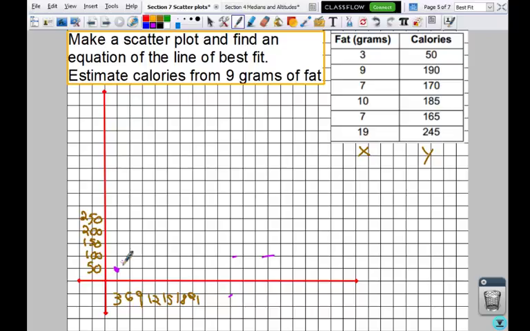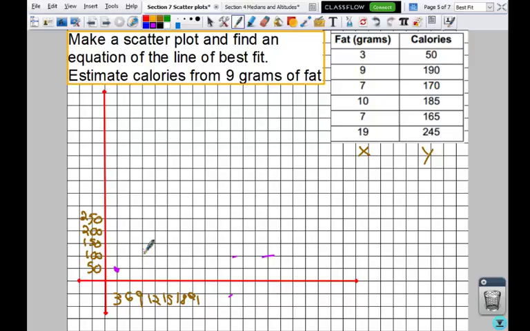Alright, Ashlyn, graph the next point for us. So you have 9, 190. Yep, 9, 190. You have to put 9, 190. So 9. And then keep going.